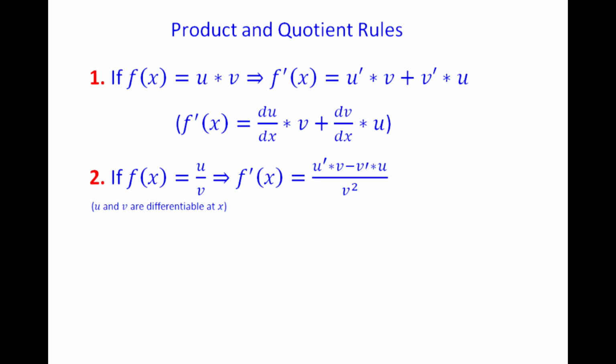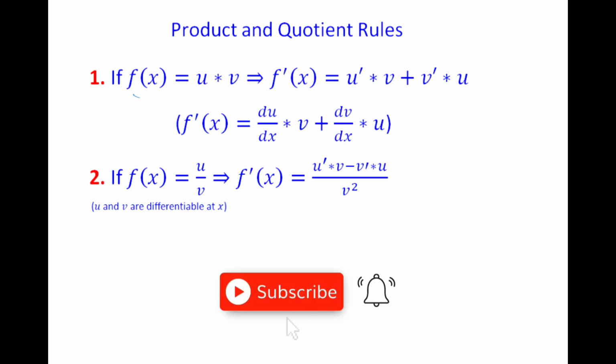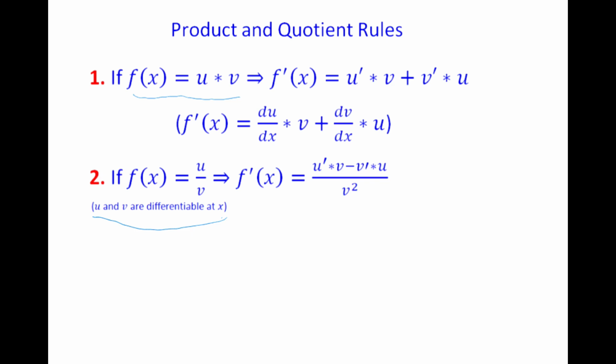Here, guys, as we see, if we have f of x as u times v, where u and v are differentiable at x, and these are functions also depending on x. In that case, if you take the derivative of the f function, then the result is going to be equal to the derivative of the first term, which is u. Suppose that u is the first term and v is the second term.